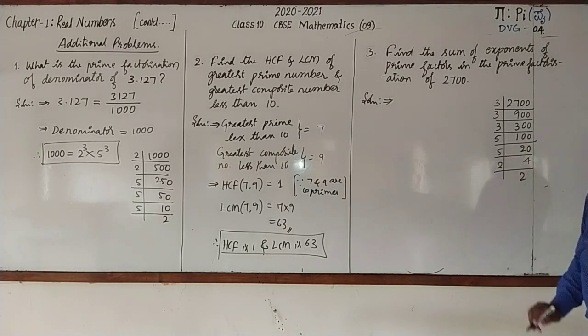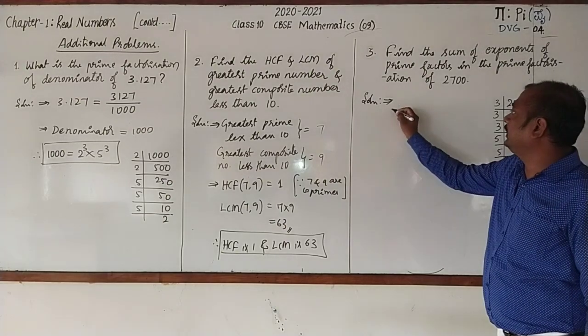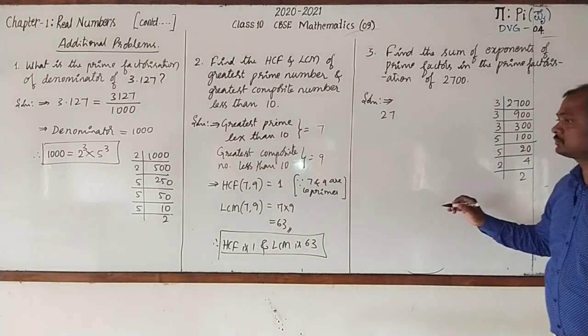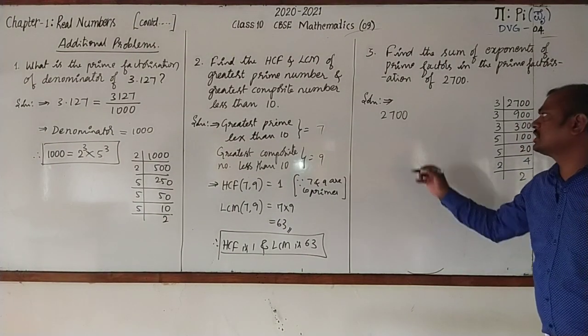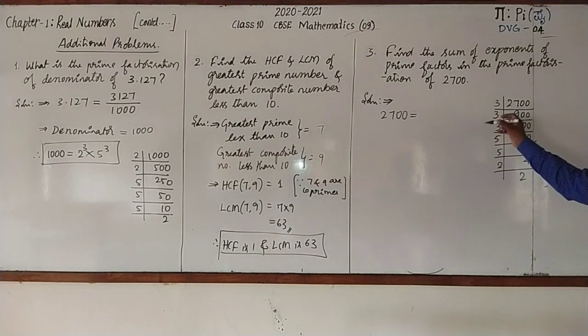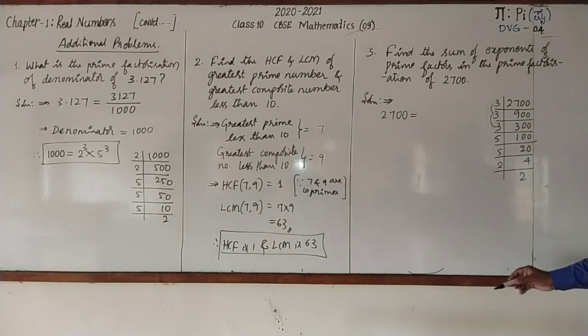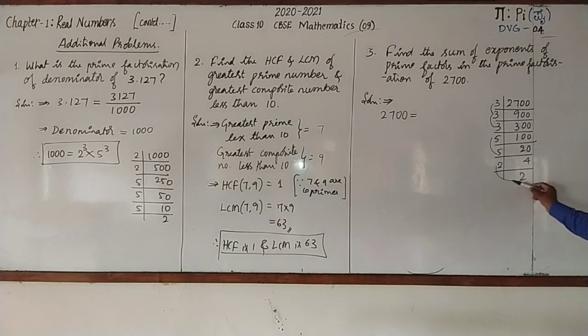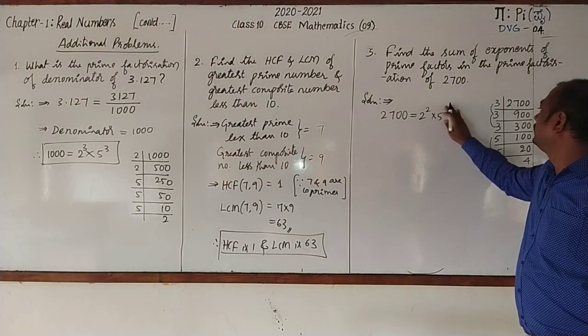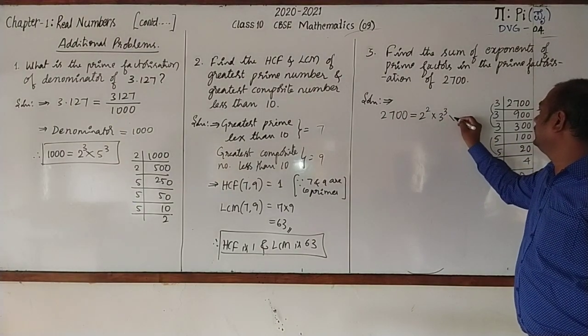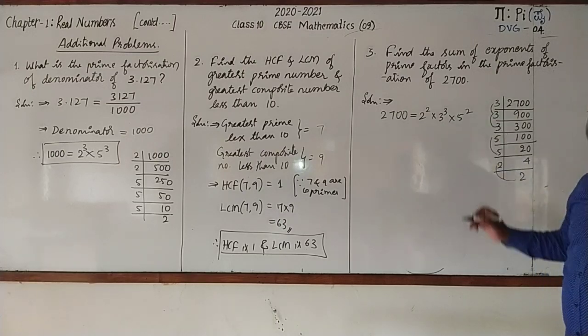Then 2 2s are 4. Now I'll write 2700 as, look here, 3 how many times? 3 times. 5, 2 times. 2, 2 times. 2 square into 3 raised to the power 3 into 5 raised to the power 2.